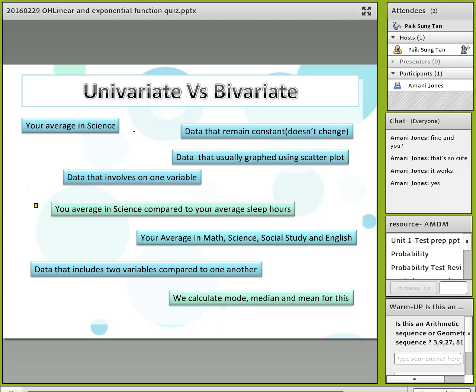Some of the items here don't belong to univariate or bivariate. Okay, your average cycle, that's good. Bivariate, okay, we want to look at bivariate.